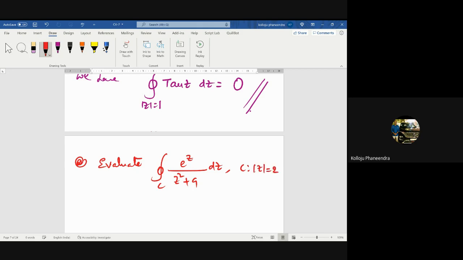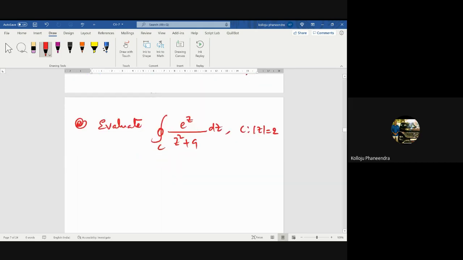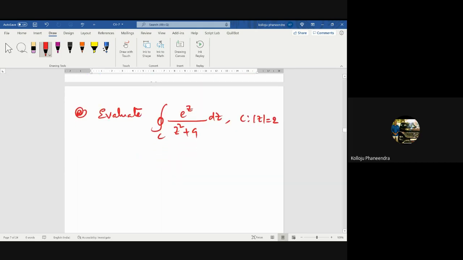Okay. Now, solution. What is f of z here? e to the power of z by z square plus 9.